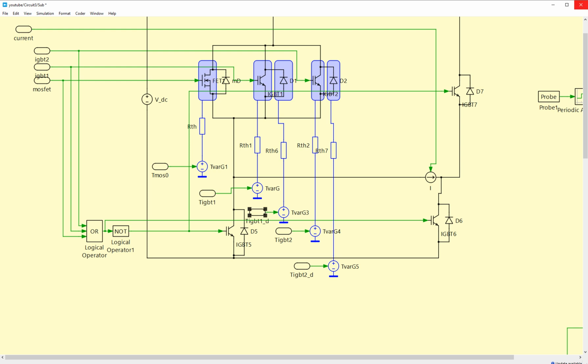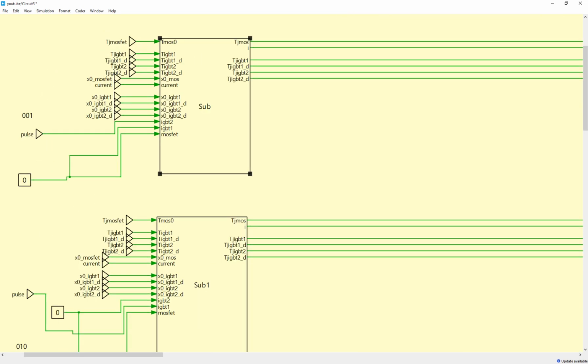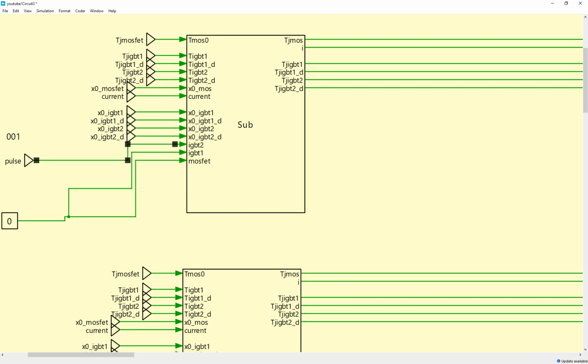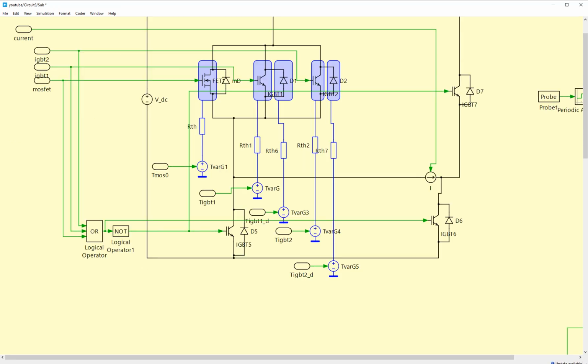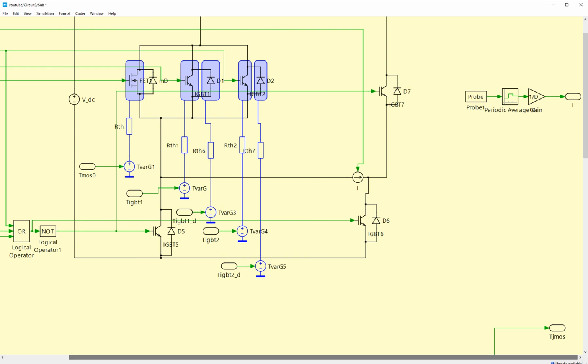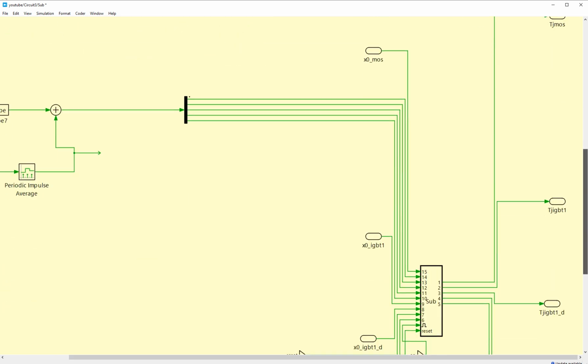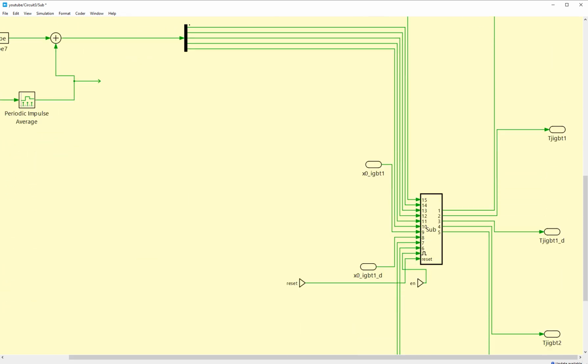For this block, if I zoom in, I give the pulse. That's the main pulse of the phase current with the duty cycle given inside. Then I have the states of the IGBTs and also the temperatures. These states are calculated here because we have the RC network of the Foster and Cauer model.